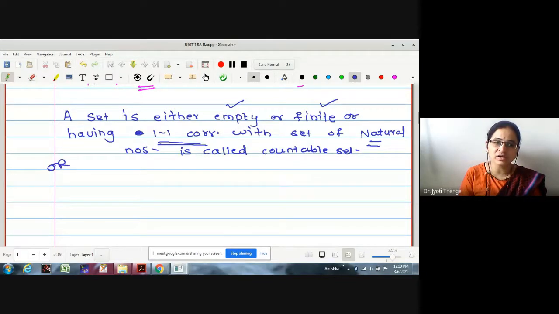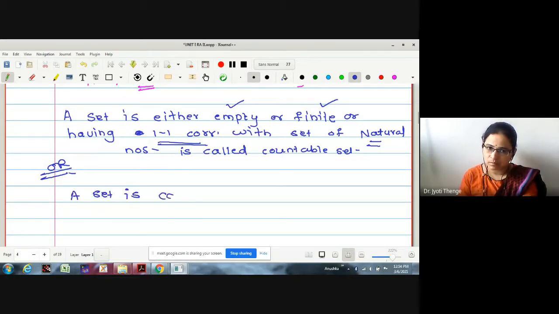Or in other words, one can write the definition to be: a set is countable, or the another word, do you know the another word for countable? Denumerable.